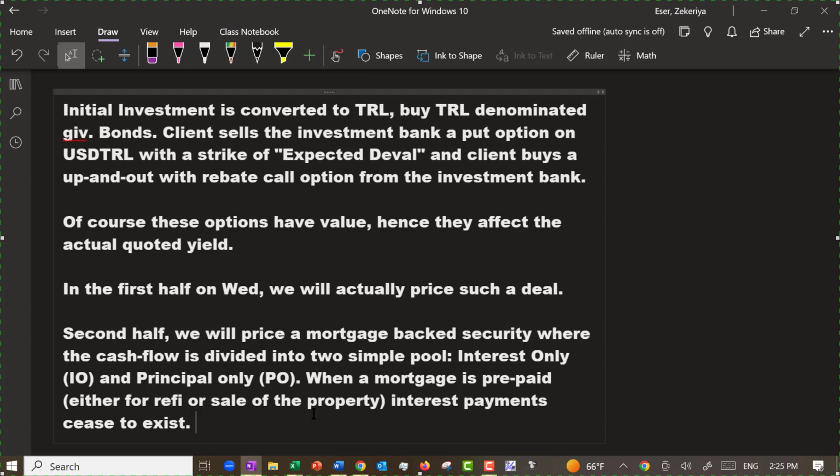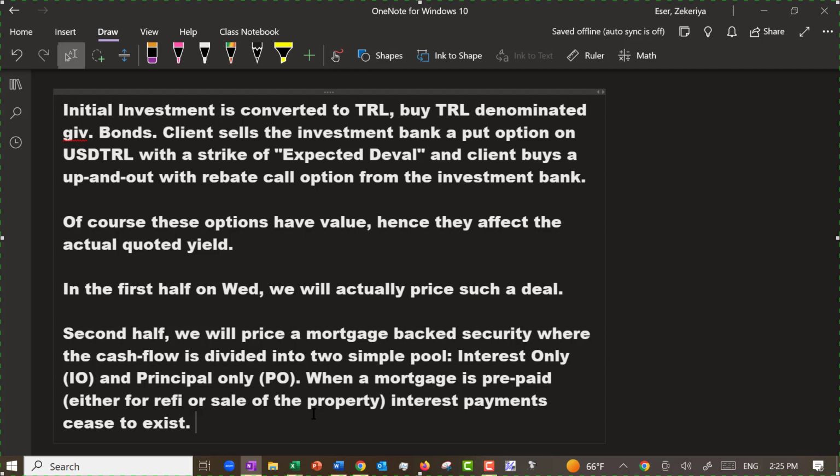But those are kind of determined by macroeconomic factors. When the economy is doing well, people tend to be more mobile. So prepayment rates go up a little bit in addition to interest rates. But we can estimate those things. So if I want to bet on interest rates going up, I'm going to bet that refinance or prepayment rates are going to stay low. Then I'm going to go buy interest only. Otherwise, I'm going to buy principal only.